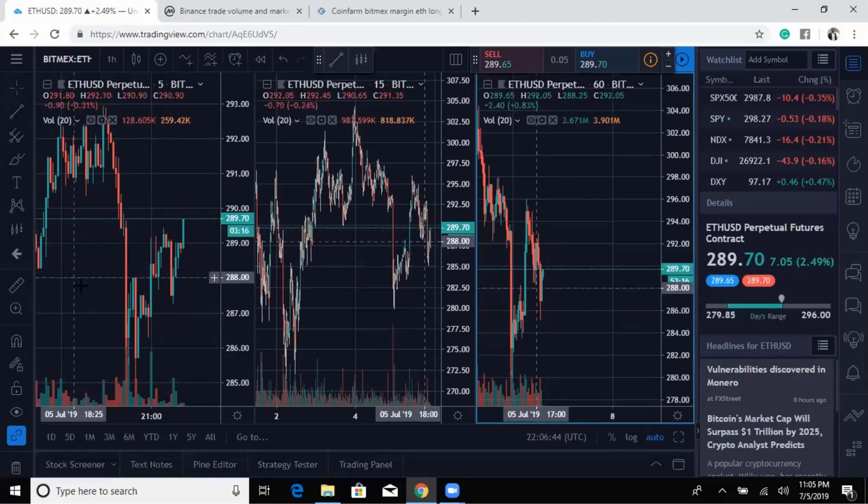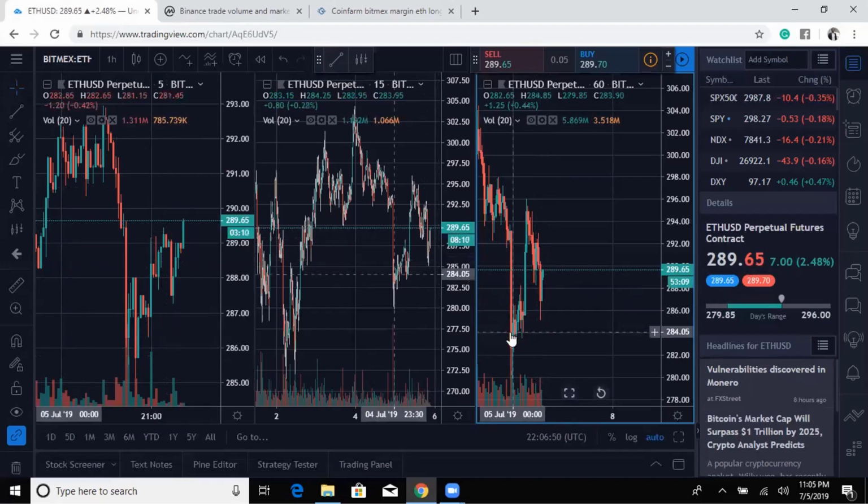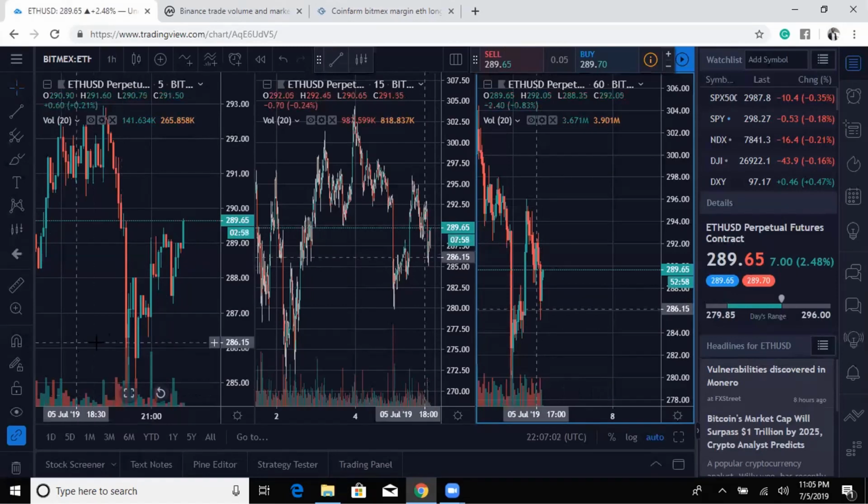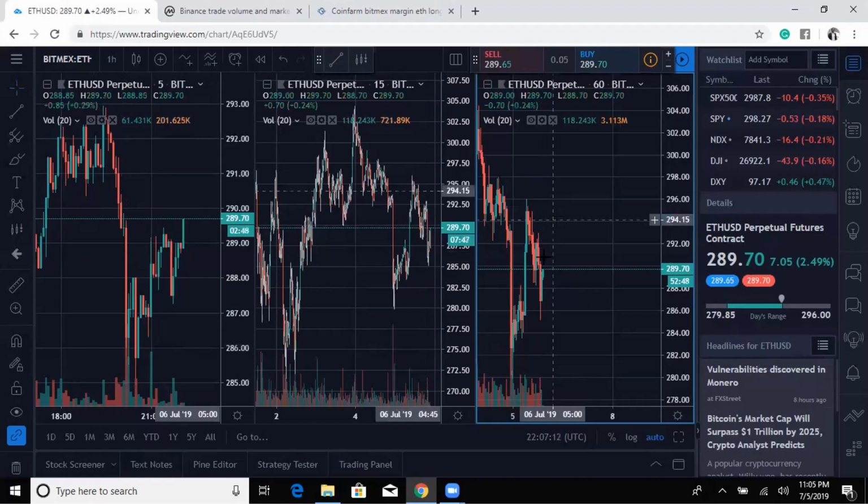So if you just practice at home with your TradingView and look at the time frame here, I'm trying to look at the same time when it was red. This was the 4th of July. Let me use the 5th of July at about this time. Here it was still red at this time, and that matches with the 1 hour.